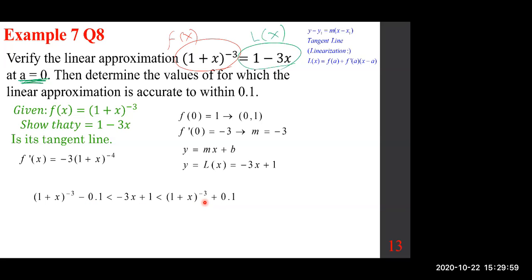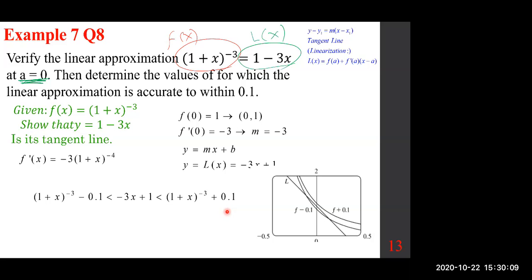In this case, there is really nothing you can do. You graph this one, you graph this one, and you graph the middle one. When you graph them, here's how they look. So take a look at how they look, class.